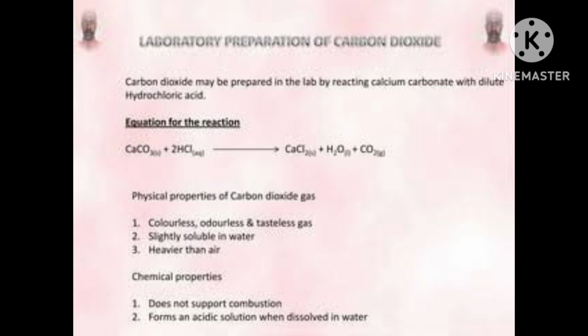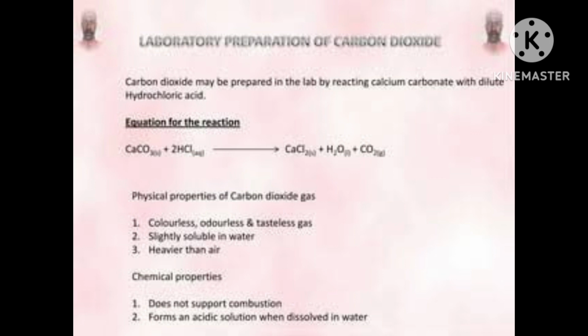Calcium plus oxygen gives calcium oxide: 2Ca plus O2 gives 2CaO. Aluminum gives aluminum oxide, Al2O3: 4Al plus 3O2 gives 2Al2O3.